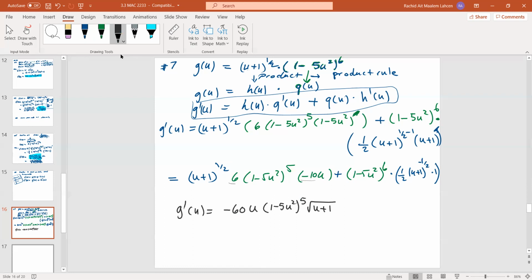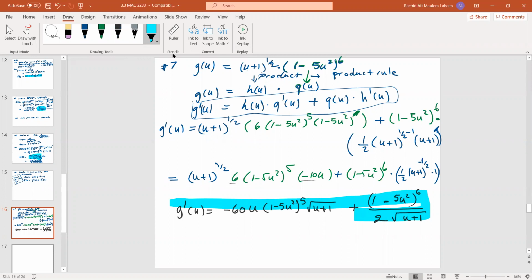So that's the first part, plus here we have (1 minus 5u squared) to the 6th, over a square root of u plus 1 and a 2. All right, that's it. We leave it in this form because there isn't much to do, otherwise we'd make it complicated.